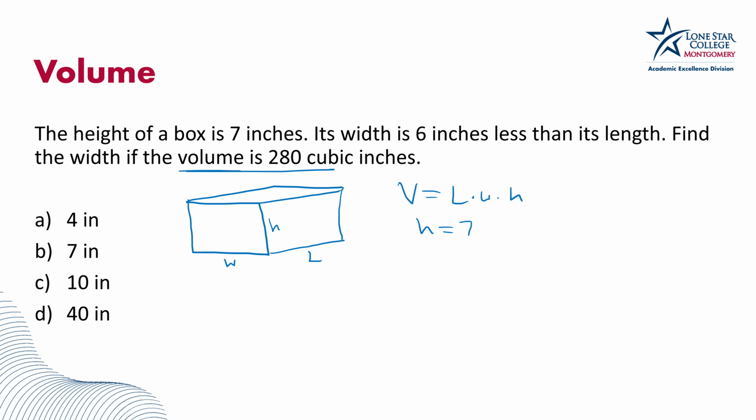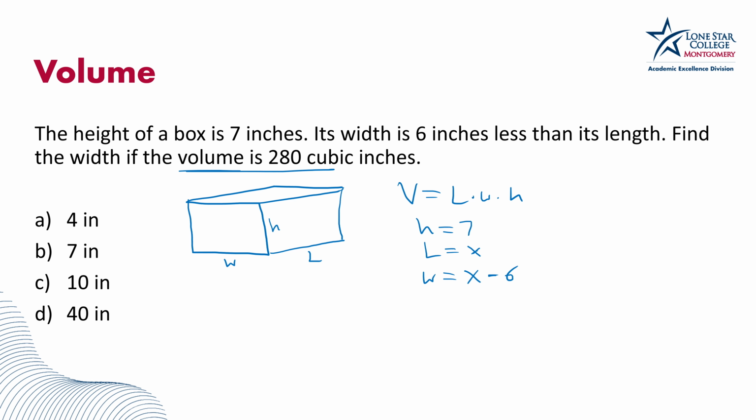What we do know is that the width is 6 inches less than the length. So whatever the length is, you subtract 6 to get our width. So we can call our length x, some unknown x, which means our width has to be x subtracted by 6. So we now have everything we need to set up our equation.